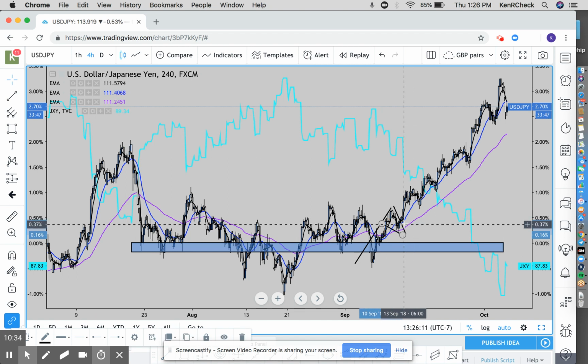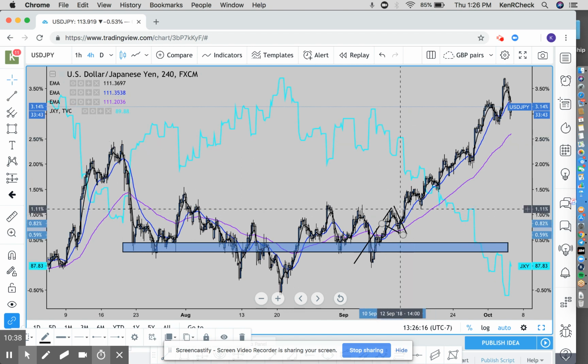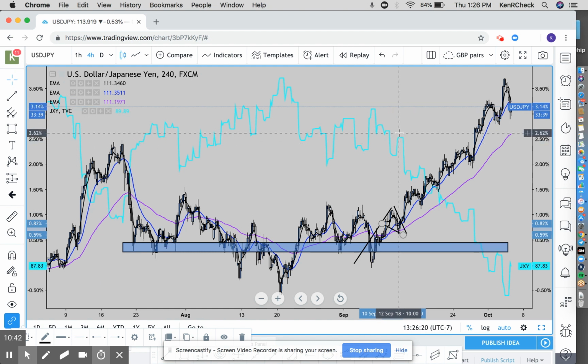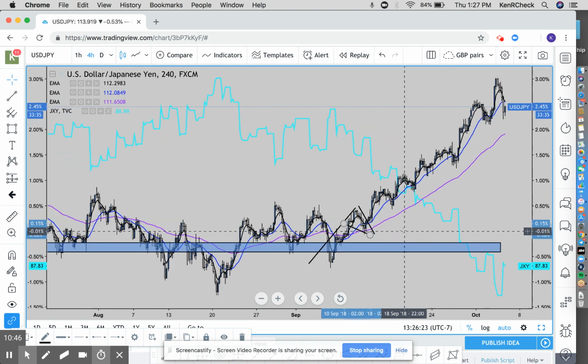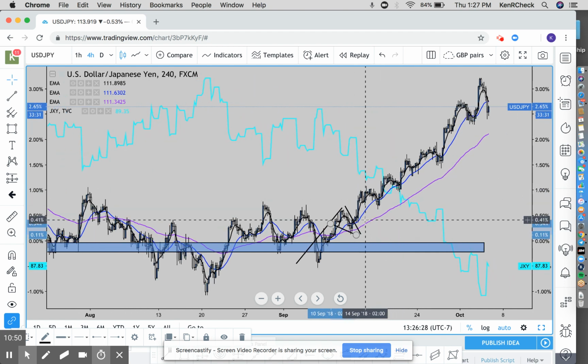So we had that breakout right here. You can see that breakout right there correlates. So that was that retest area on the yen, and then the pullback and the breakout for UJ. So it continues to go to the upside.